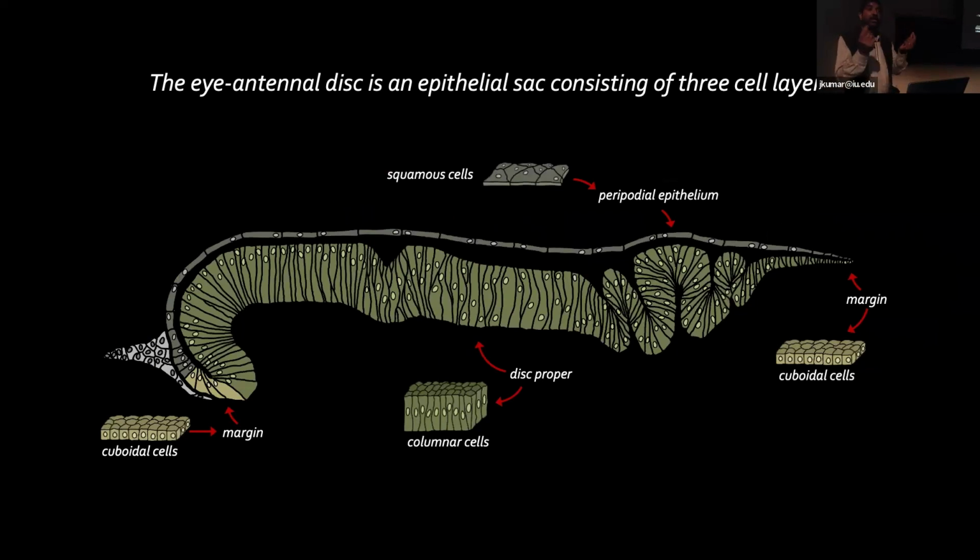The cells around the edges are called the margin, and it's basically like a closed pillowcase. Creating this lumen allows signaling molecules from one cell to not just diffuse away into the hemolymph. There's a little space that contains them, so cells over here can signal molecules to neighboring cells. We have signaling pathways expressed in the peripodial epithelium that will secrete molecules down towards the disc proper, and vice versa.